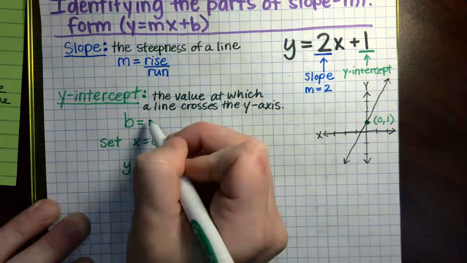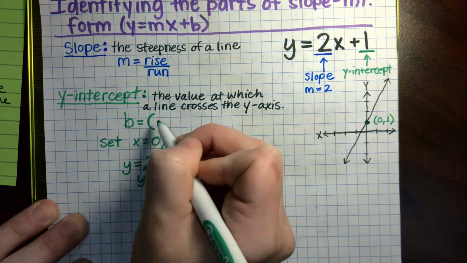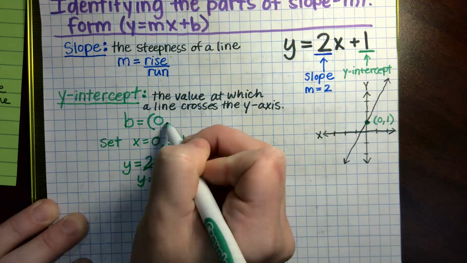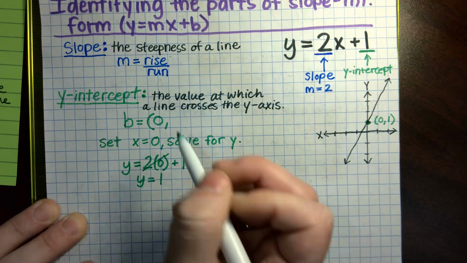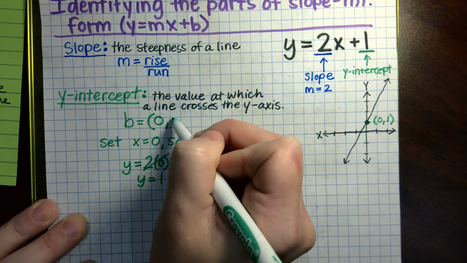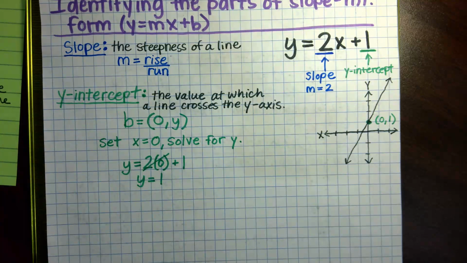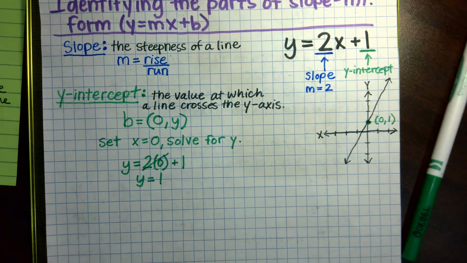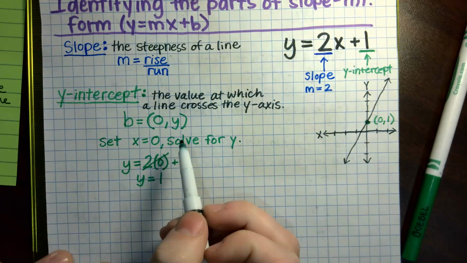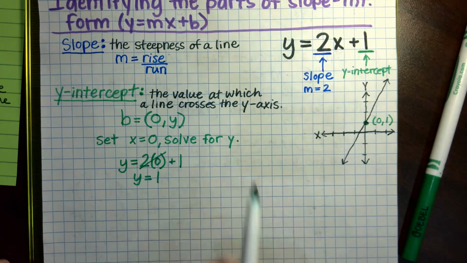So to find the y-intercept, if you set x equals 0, whatever your y value is going to be is the y-intercept. I know this is a lot of letters and stuff going on. I hope this isn't too confusing. I think it's going to make more and more sense when we start putting these terms into action and actually start the graphing process.